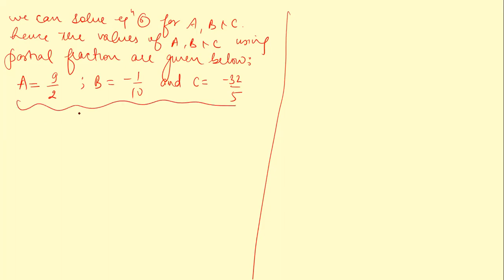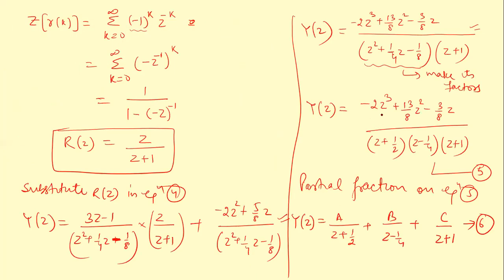So we'll substitute these in equation 6, right? So now we can make this equation yz by z, in fact. So we can take one z common out of here and one z will be taken common here, so it will go into the denominator of yz, right?